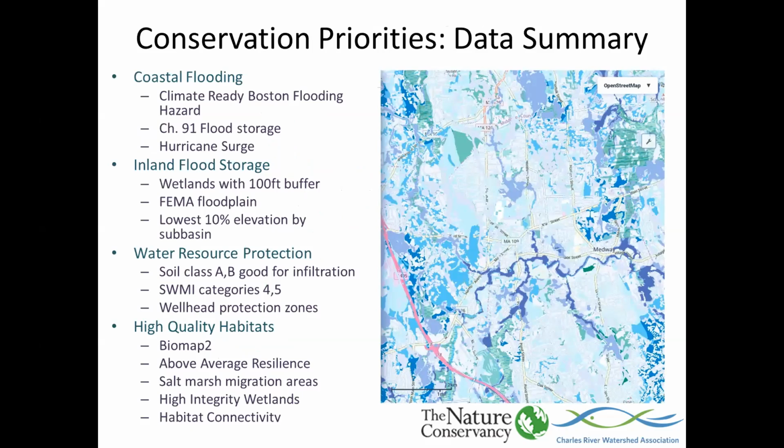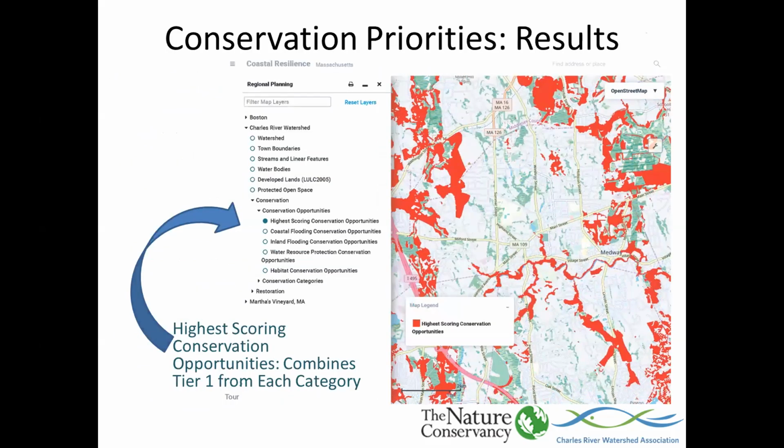So just a data summary slide and screenshot. This basically pulls everything I just went through, the individual data layers, into one slide. You can see if you turn everything on in the mapping tool, it can get a little overwhelming, but the tool has functionality to help you with that.